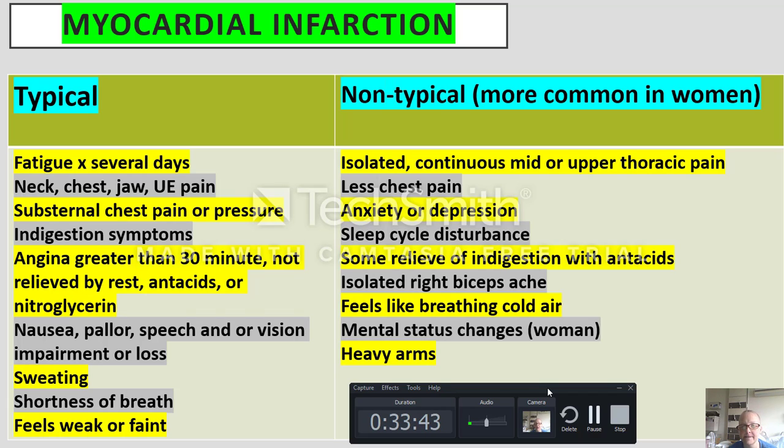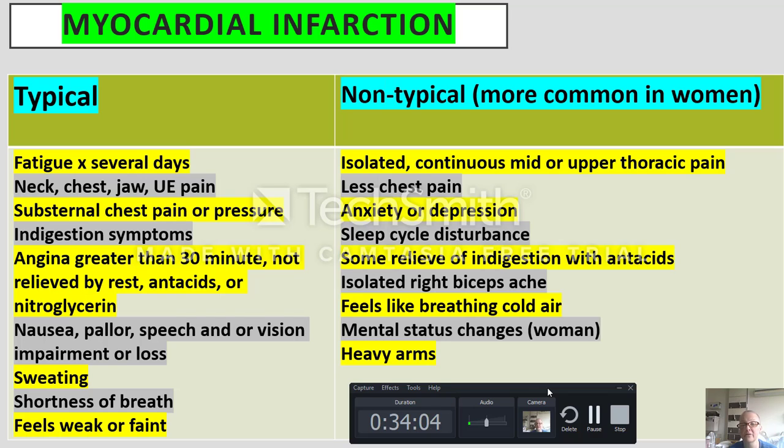Okay, let's go to non-typical, more common in women. Isolated, continuous mid or upper thoracic pain. Less chest pain than the typical. Anxiety or depression.